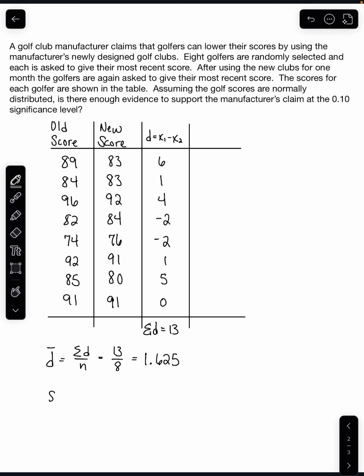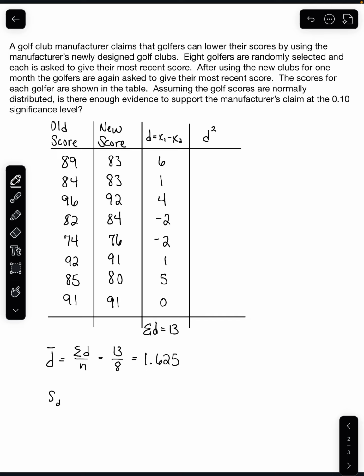Now we also need the standard deviation of the differences. So again, we have our choice of formula. We could either take the mean of the differences, find the deviation from it for each member of the sample, square those, and add them up.